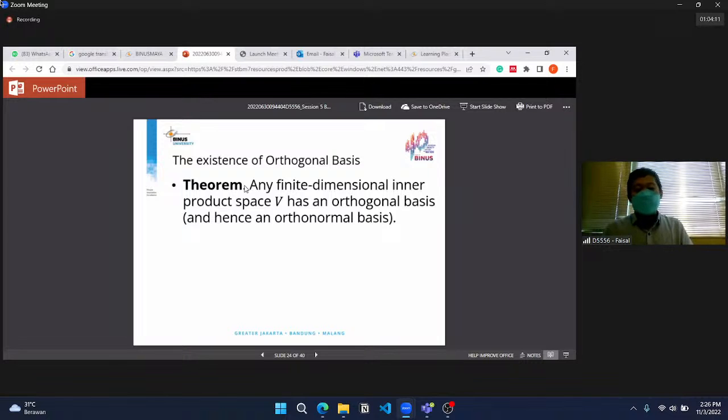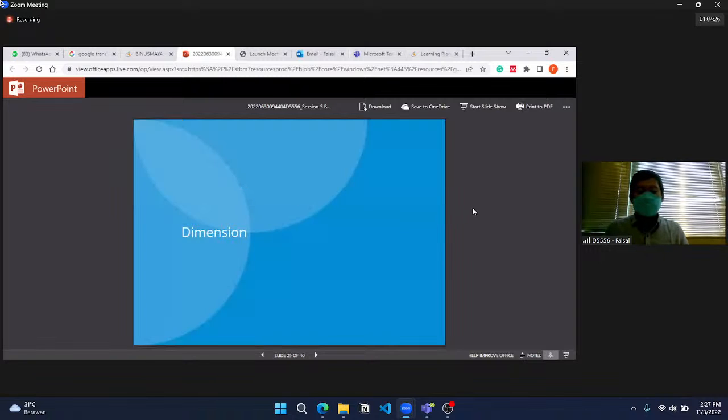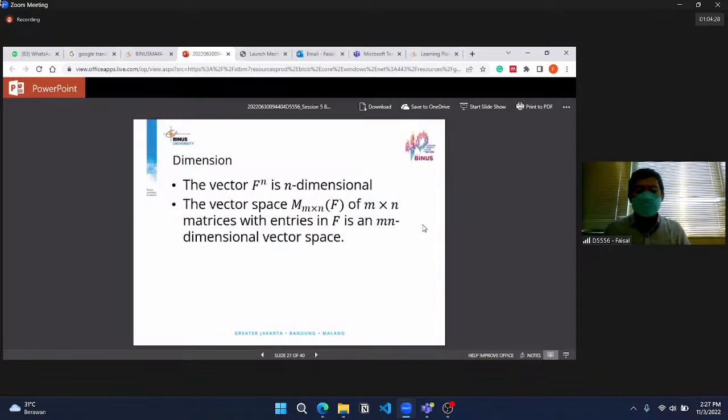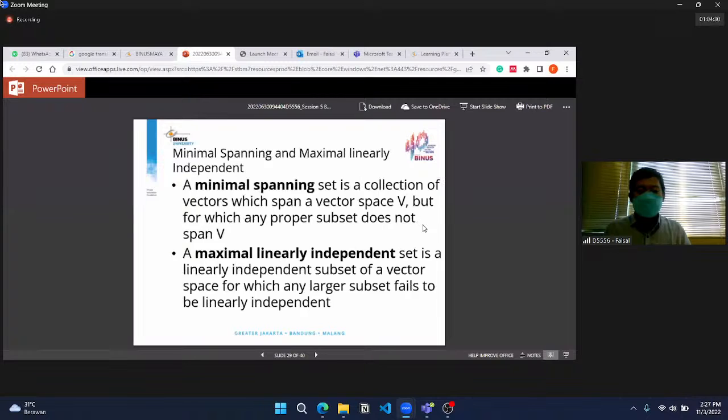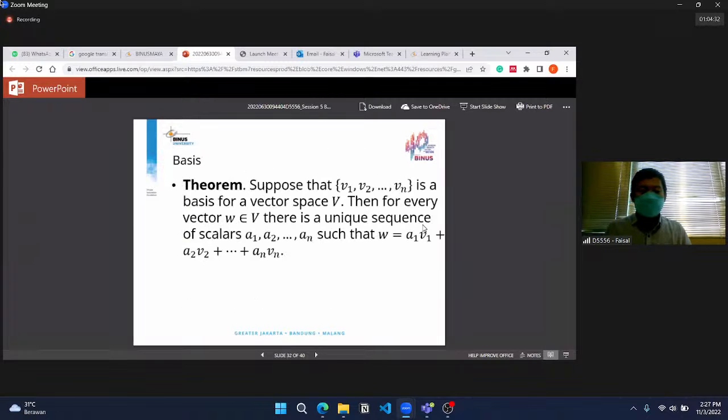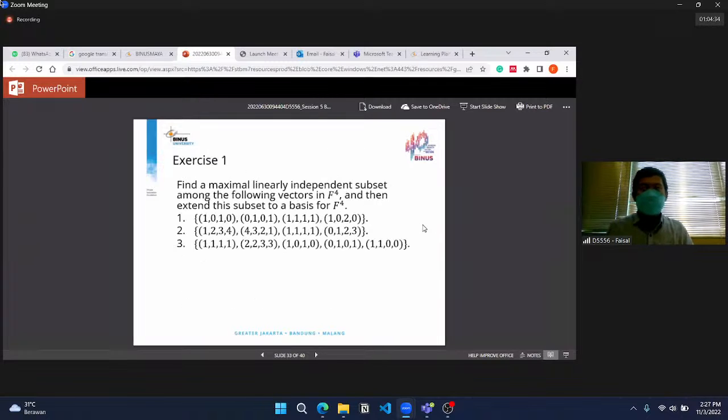Any finite-dimensional inner product space, a space that has an inner product, always has an orthogonal basis and hence an orthonormal basis.